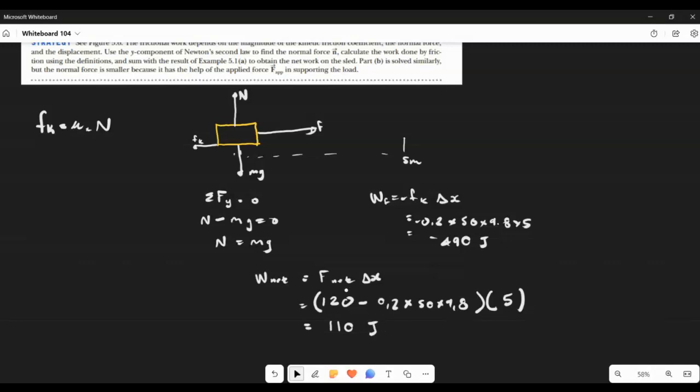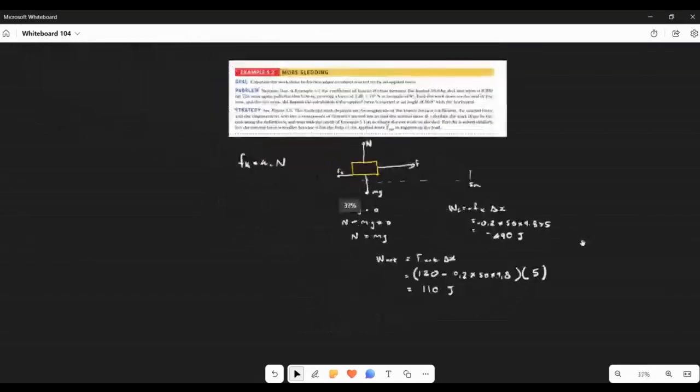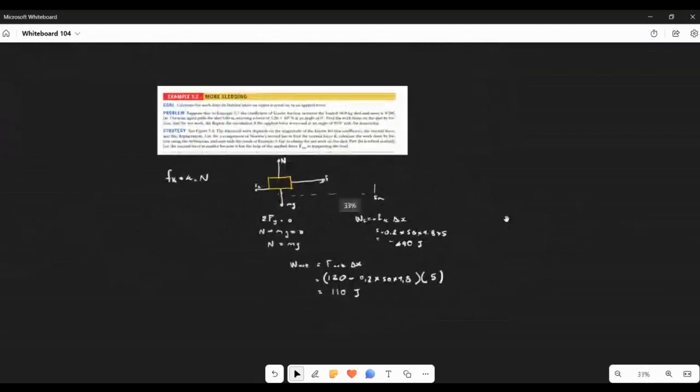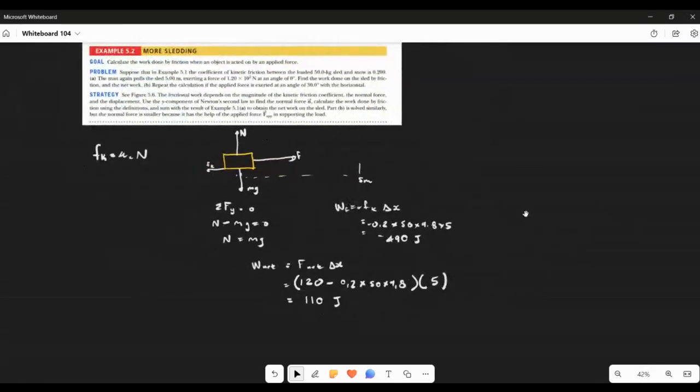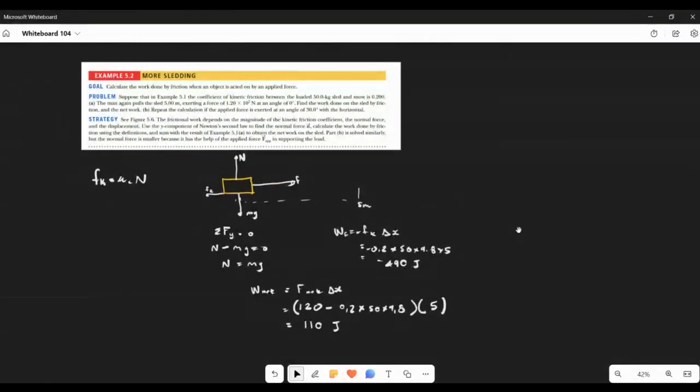If you look at the previous example, it's not the same thing. It's so little energy now.